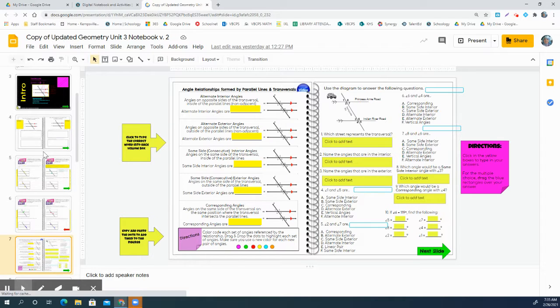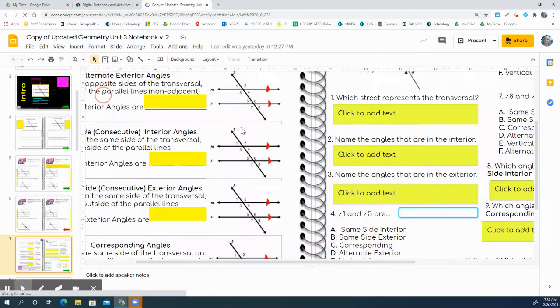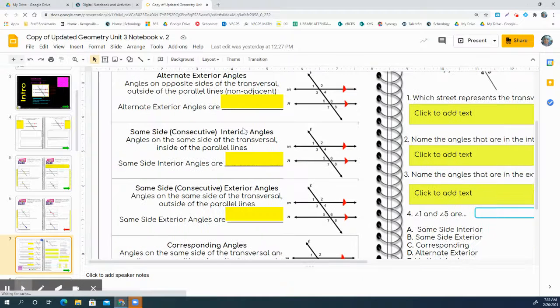That's okay. I'm just trying to make my computer work. So I'll start sharing my screen in a second. Maybe. All right. Hopefully this works better.